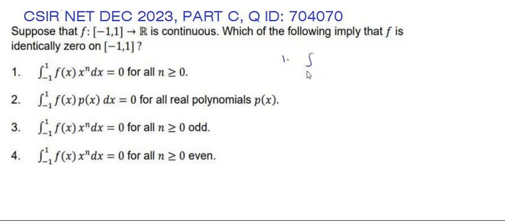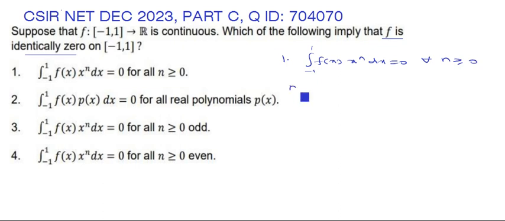First one: integral from -1 to 1 of f(x) x^n dx equals 0 for all n greater than or equal to 0. Here we are given that f is a continuous function, and we need to find which statement implies f is identically 0.